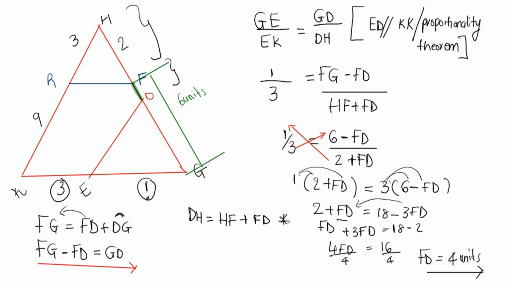From there it was just substituting our GE, our EK, and also the known values of our FG and HF. Then we simply cross multiplied to get rid of the denominators, and we found that our FD is equal to 4 units.